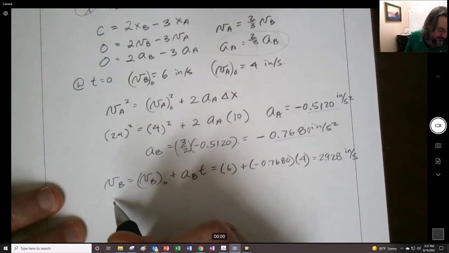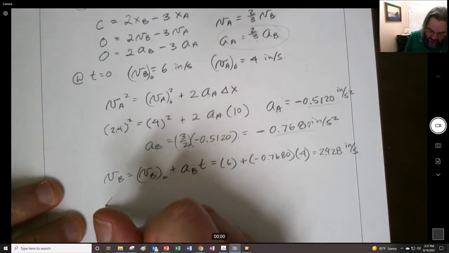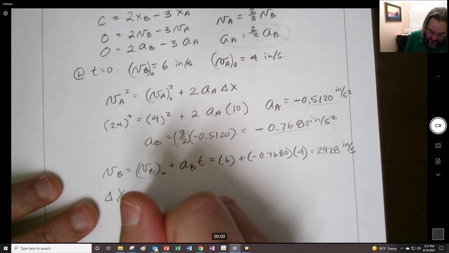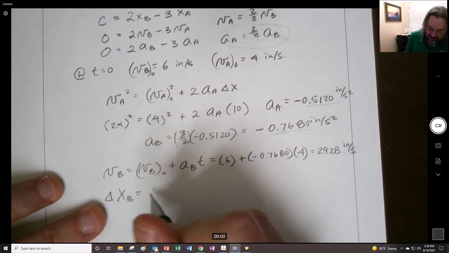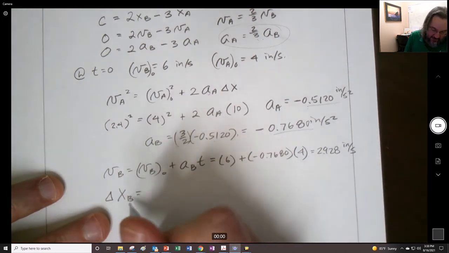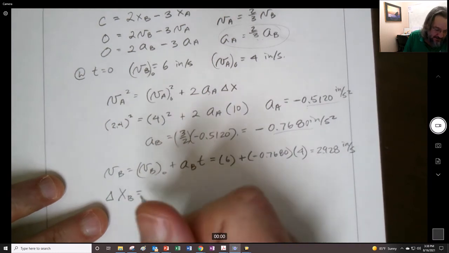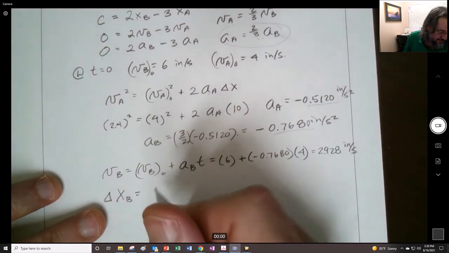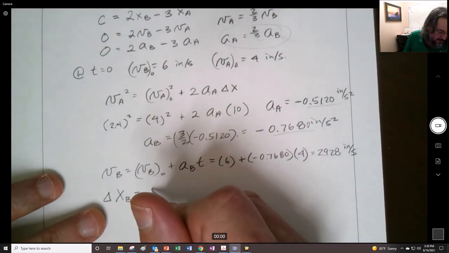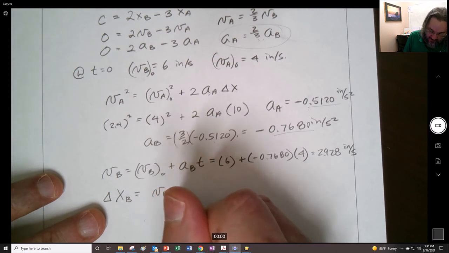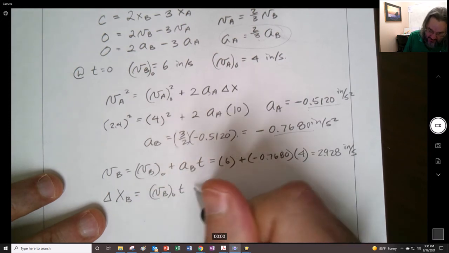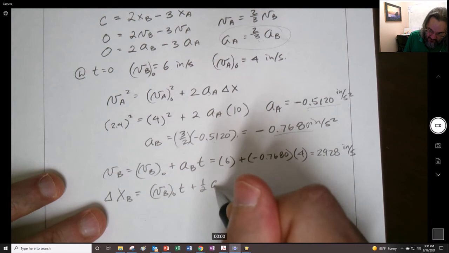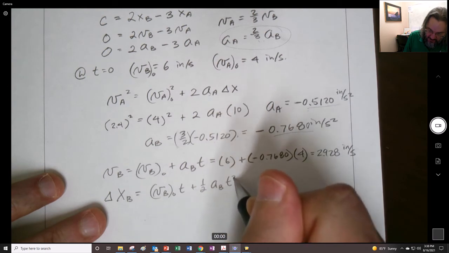And now if you want the position change, I'm just going to stick both of them, the x's over there. Normally it's going to be x is equal to x naught and then the rest of it, but I just move that x naught over to the side and say this is the change in position, so that's good enough. We're going to say that it's VB naught times t plus 1/2 AB t squared.